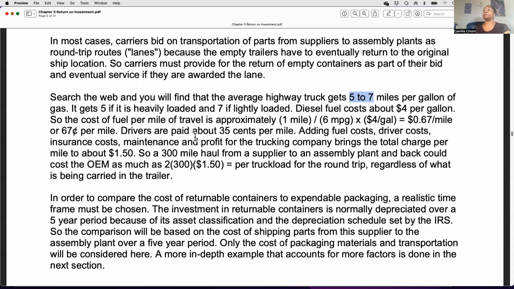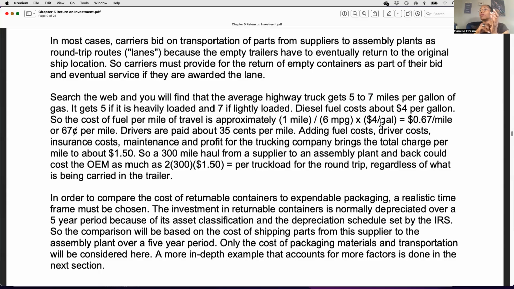And then the diesel fuel, if it hasn't really changed, is probably about $4 per gallon. So if you want to calculate how much your fuel costs for every mile that you drive in a truck, you're going to have 1 mile divided by 6 miles per gallon, which is an average of the 5 to 7 miles per gallon. And then you multiply that by the cost of the fuel, which you're just going to use around $4 per gallon, right?